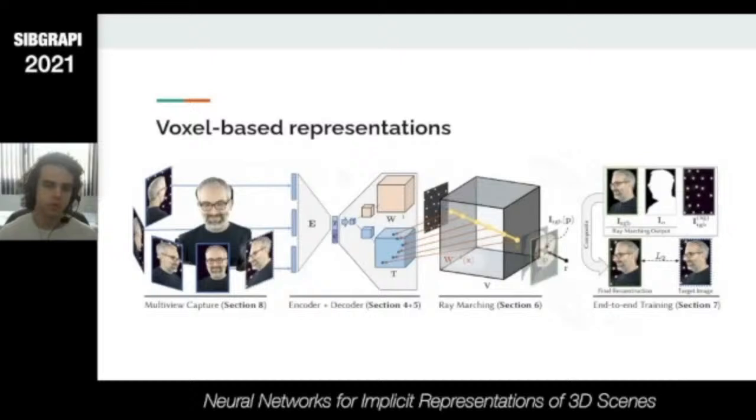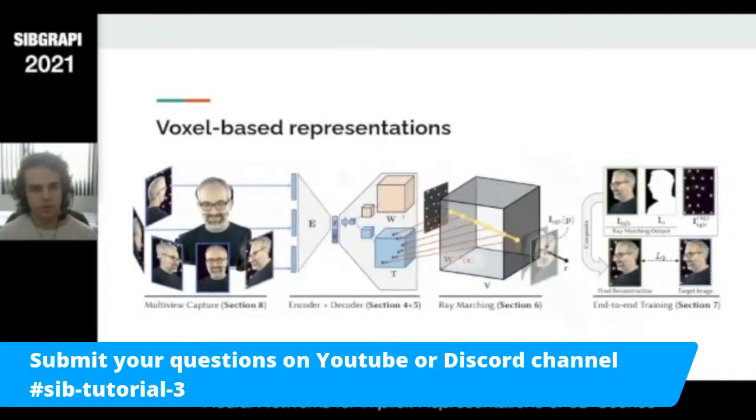And then we also have voxel-based representations. In this case, you have a discrete representation of your scene, unlike the implicit surface representation, which is continuous, and it's volumetric. Usually you have a regular 3D grid of samples, and these samples contain both color and transparency information. You can think of this as essentially a stack of images.